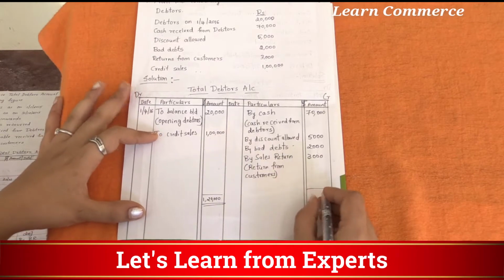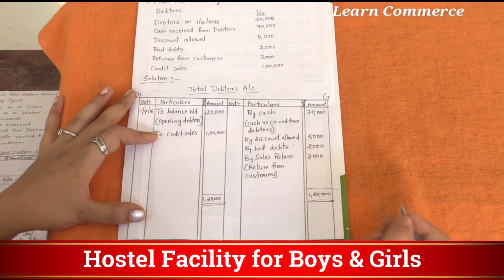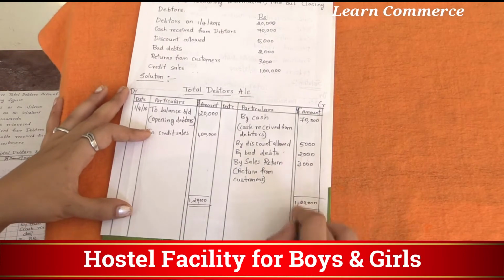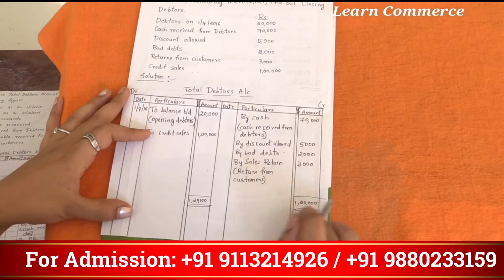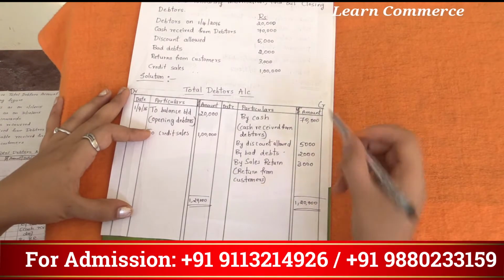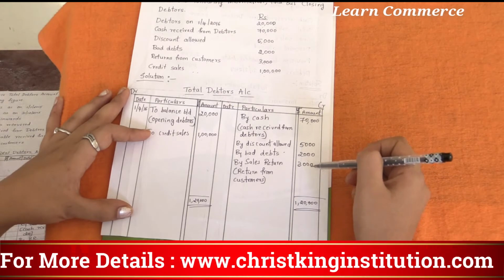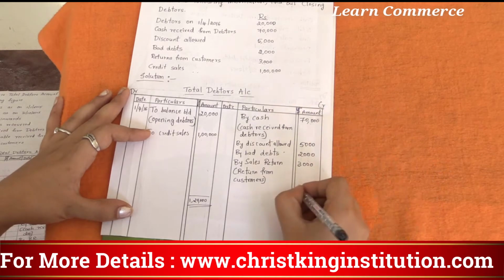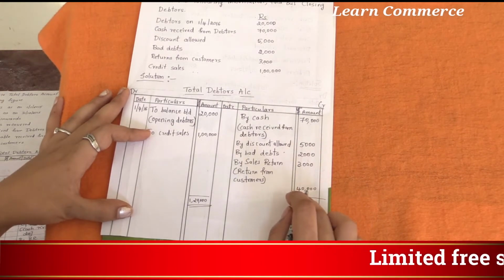Then here also write the same 1 lakh 20,000. Then from 1 lakh 20,000 you have to deduct all these: minus 70,000, minus 5,000, minus 2,000, minus 3,000, you get the amount 40,000 rupees. This is the balancing figure.